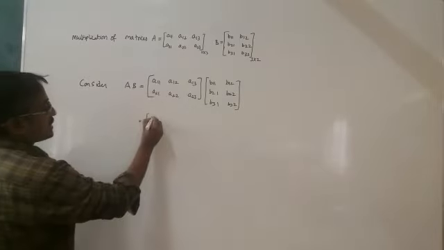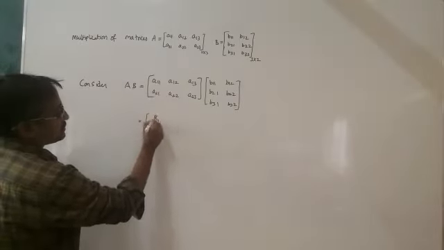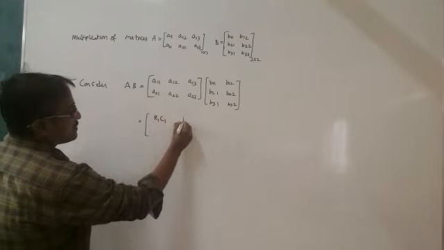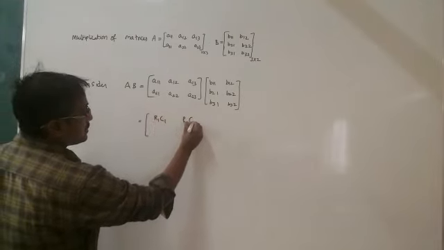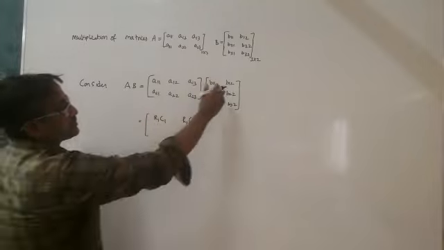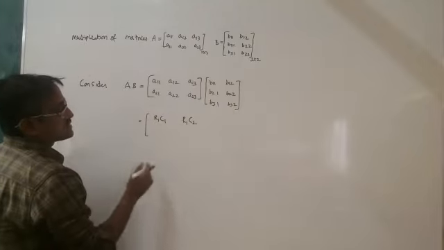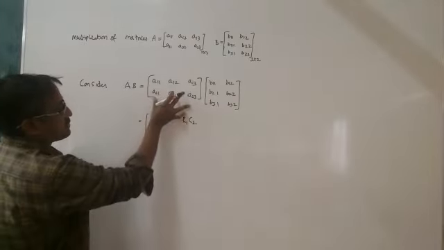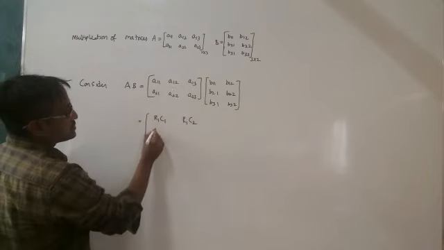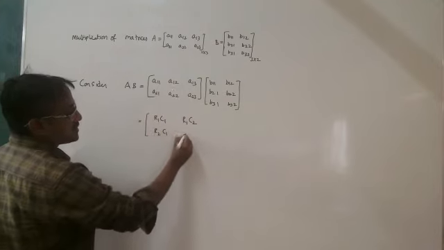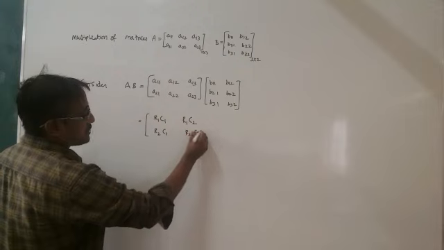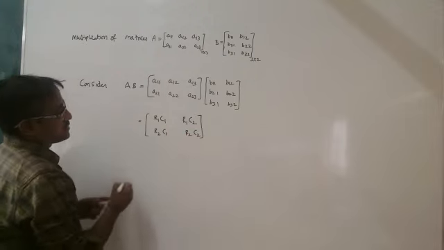Now you have to write like this. First row into first column, first row into second column. There are only 2 columns in the second matrix. So then you have to come to the second row. So second row into first column, second row into second column.